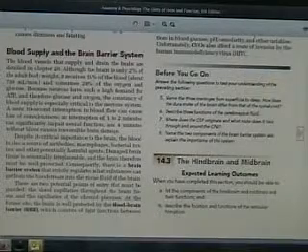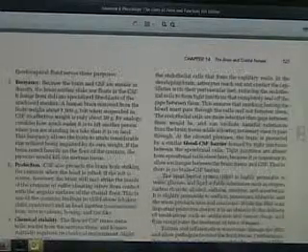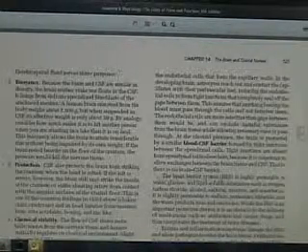We're looking at your textbook. The blood-brain barrier is one of them. Now, the blood-brain barrier is a bunch of kind of like skin cells, because the only way really in is through the blood vessels, specifically the capillaries. They have these skin cells that kind of form like a mesh, right?